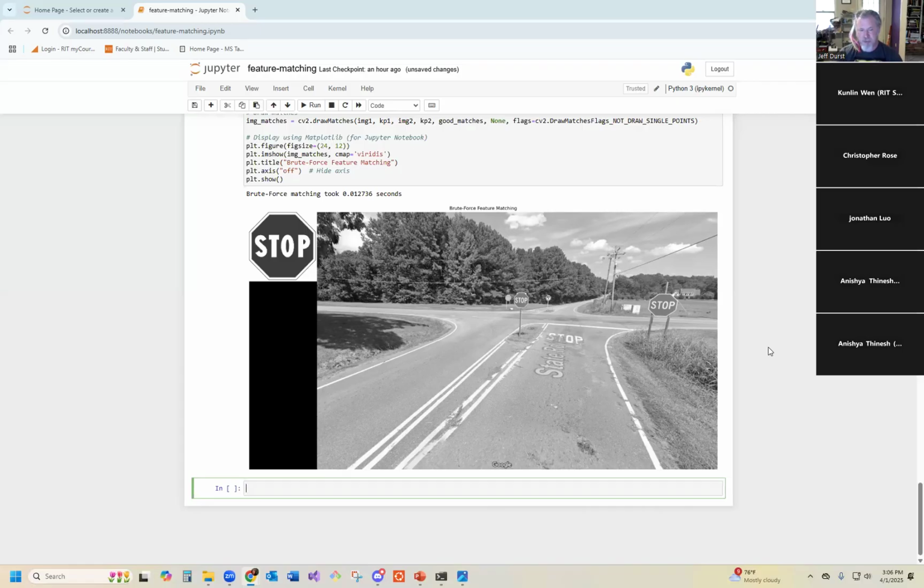So even for super easy tasks, just picking stuff up out of OpenCV and applying it without knowing what's going on, I know we've talked about this about 1,000 times this semester, but there are all kinds of choices made with our source image, the stop sign in the top left there, all kinds of choices we make in SIFT and SURF and how we find our first set of key points, and all kinds of choices we make when we apply something like FLANN to match our key points.